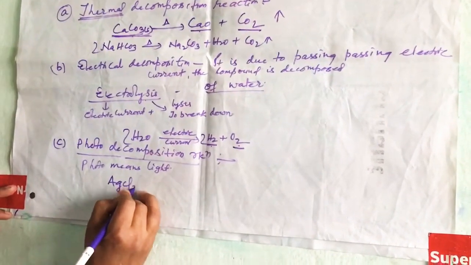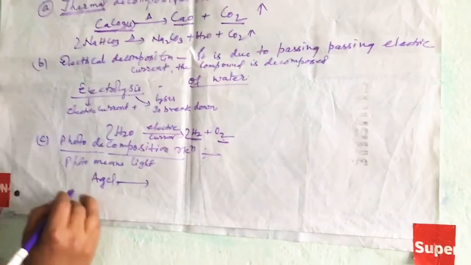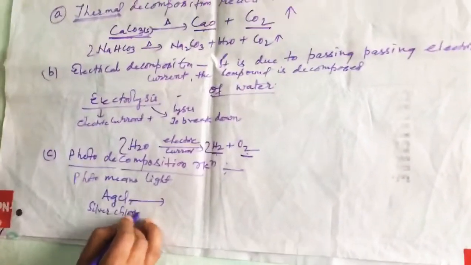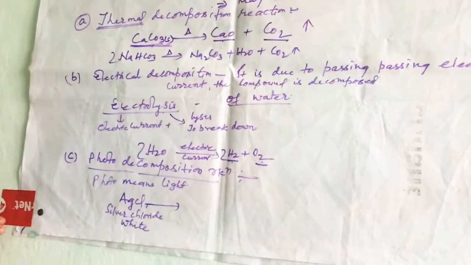The best example is silver chloride, AgCl. This is silver chloride. The color of silver chloride is white.